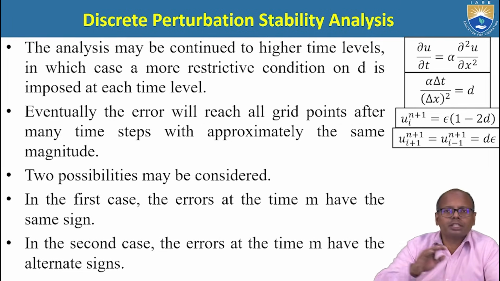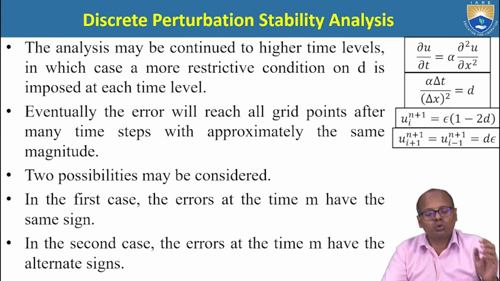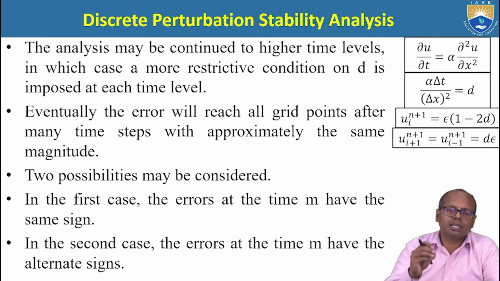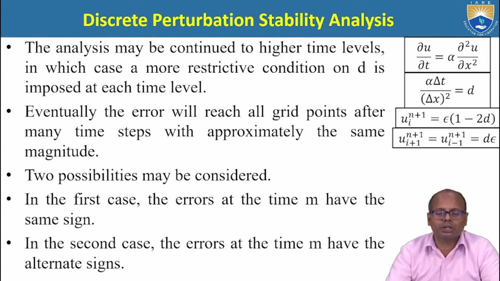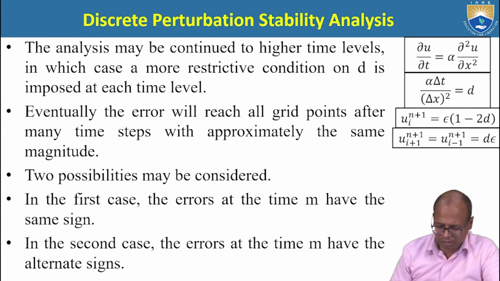Okay, same magnitude will have two possibilities. One is, even though it is same in magnitude, the sign also will be same, and the other case is the magnitude is same but the sign is opposite. One is plus, the other one is minus. So in that case we will see what happens.